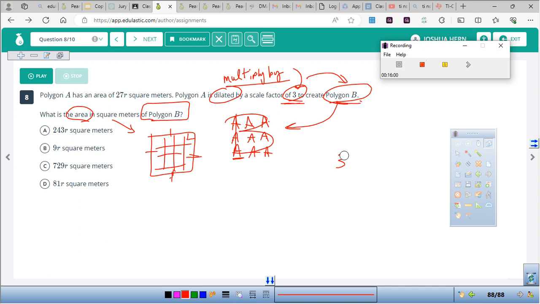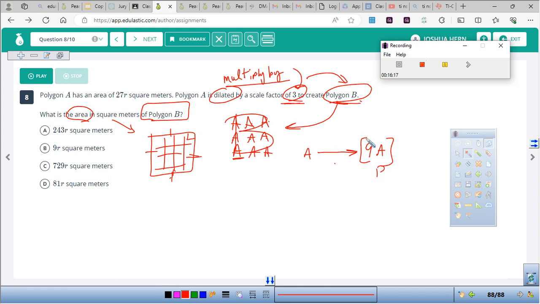Basically the A, when it gets blown up, dilated, now it's going to be 9 A's. So this is really basically your B.